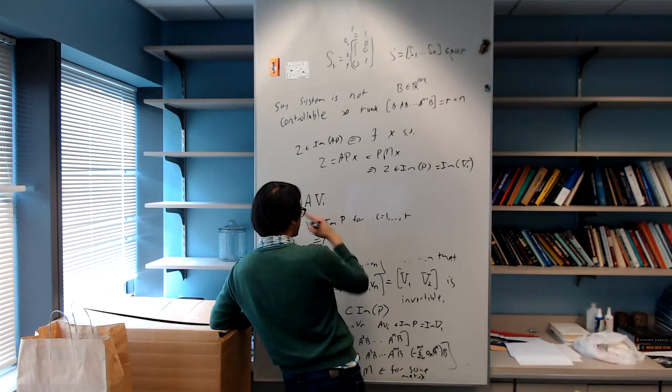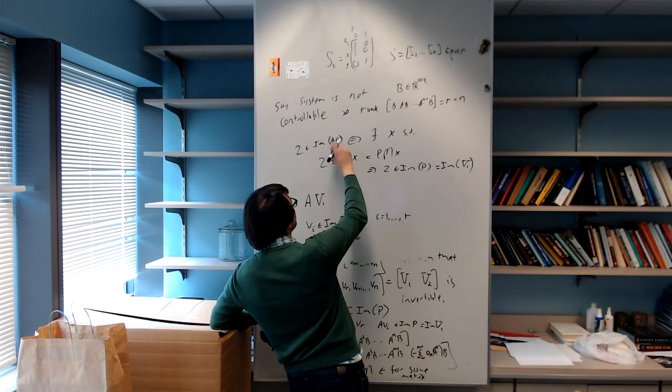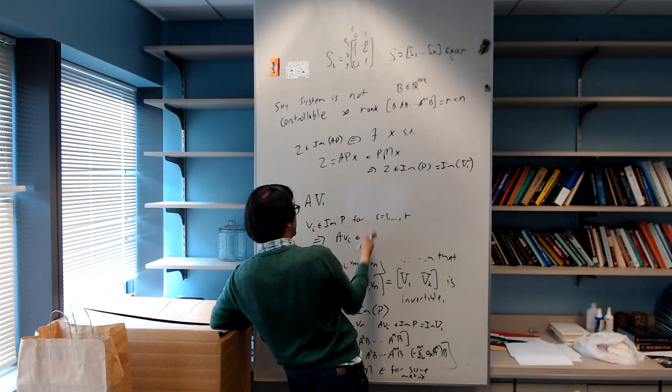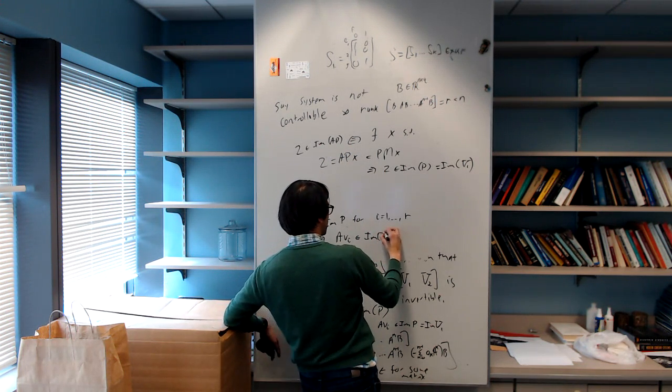This implies that A Vi, by what we had over here, is taking something from that image and then mapping it through A. It's still in the image of V1.